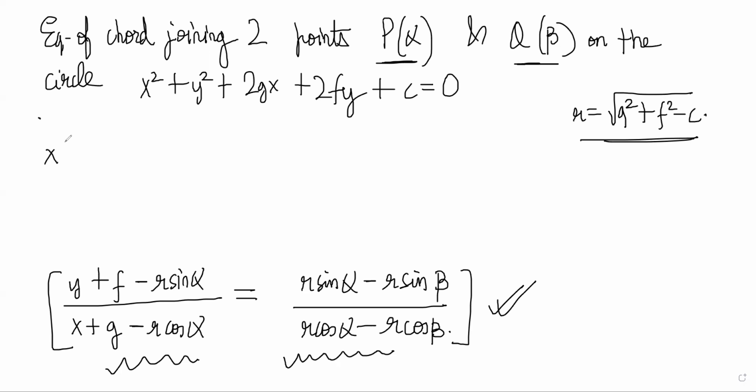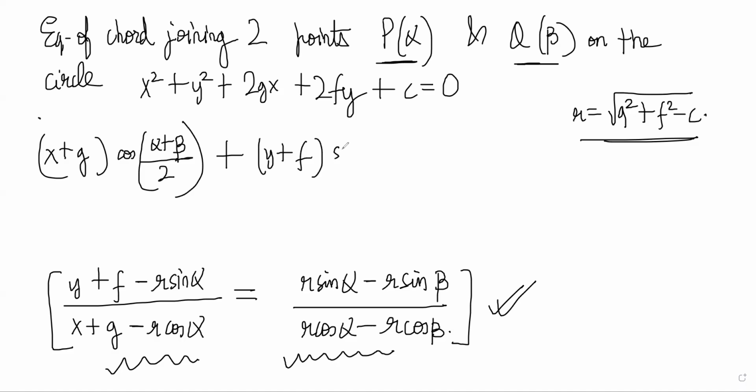x plus g cos of alpha plus beta by 2 plus y plus f sine of alpha plus beta by 2 is equal to r cos of alpha minus beta by 2.